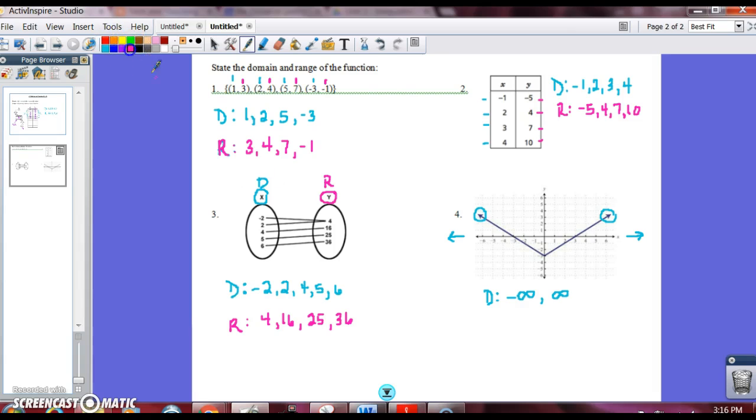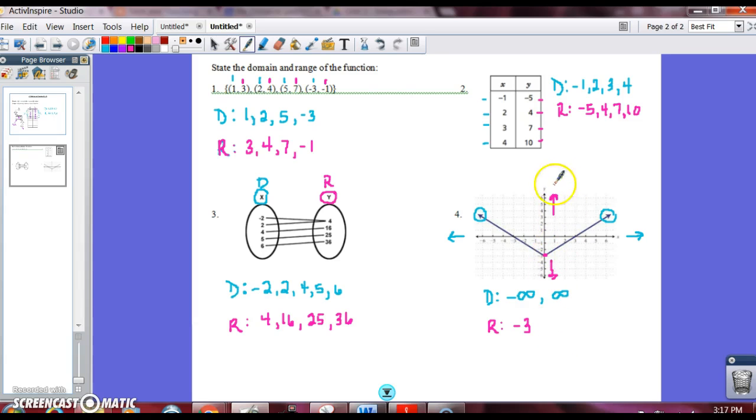My range are all of my y values. So I have to figure out how far down on the y-axis my graph goes and how far up on the y-axis my graph goes. Well, this is as far as it goes. It only goes down to -3. So the lowest my graph goes is -3.